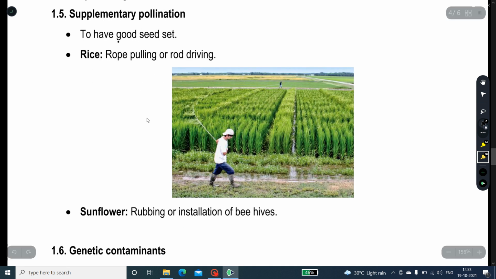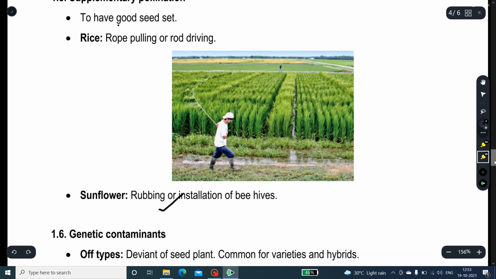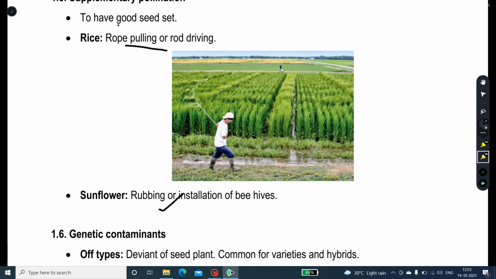Here you may know what supplementary pollination is and what technique is followed in rice: it is nothing but rope pulling or rod driving. In case of sunflower, rubbing or installation of beehives is the supplementary pollination technique followed. So rope pulling is followed in case of rice. Here two persons across the field are pulling the rope against the crop.